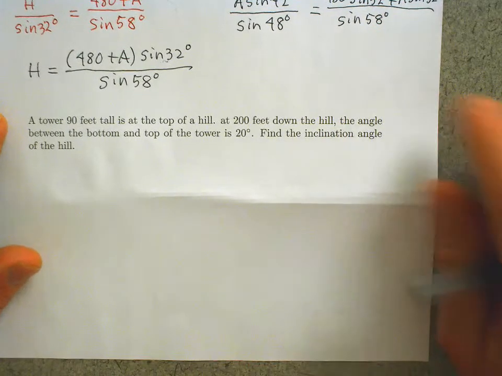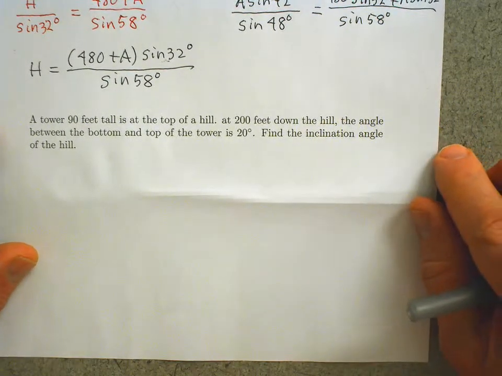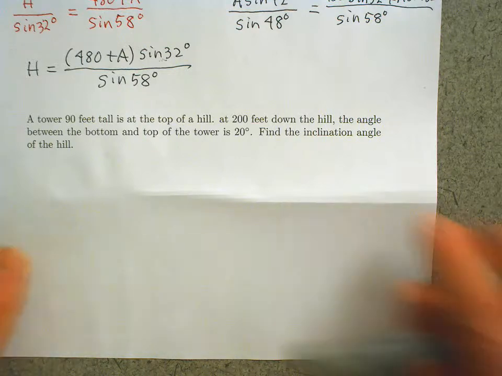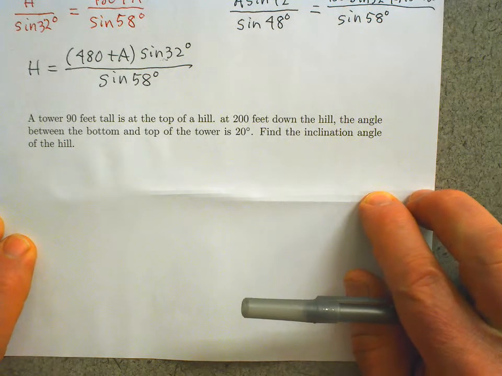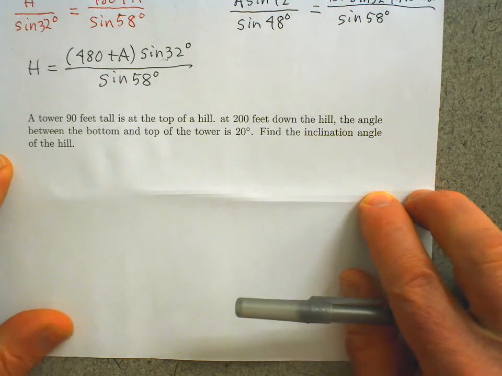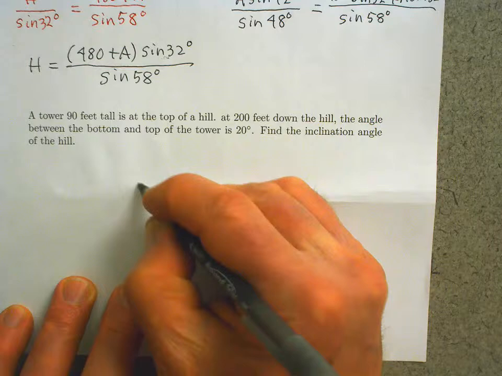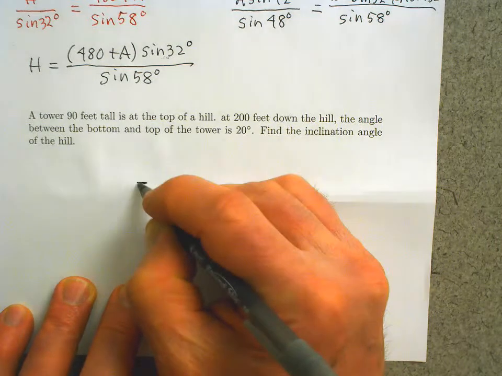This one says a tower 90 feet tall is at the top of a hill. At 200 feet down the hill, the angle between the bottom and top of the tower is 20 degrees. Find the inclination angle of the hill. Okay, so we're at the top of a hill.